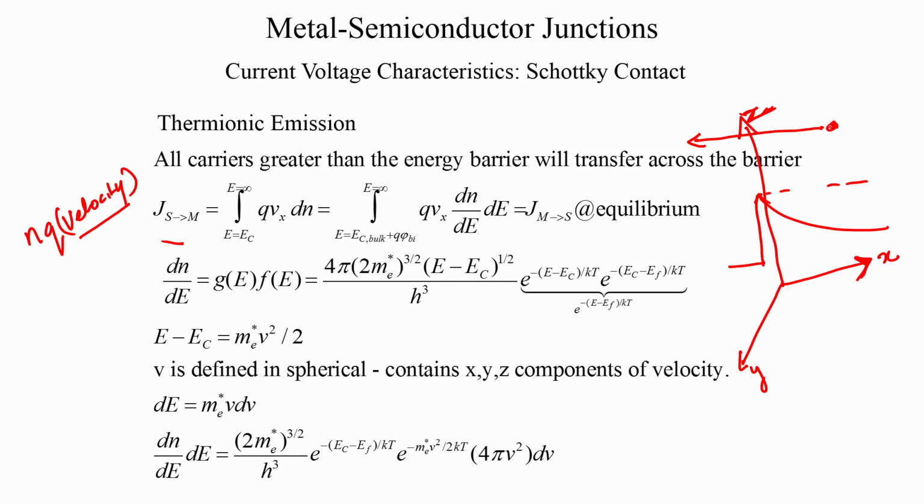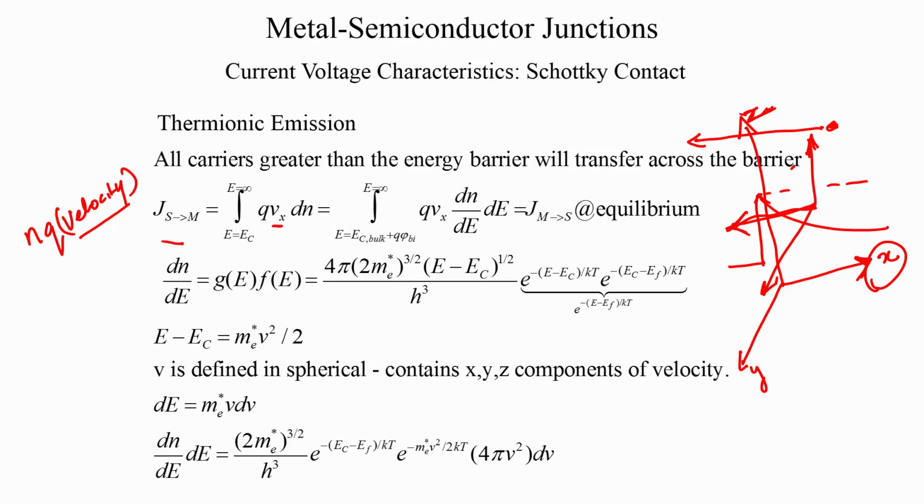We are interested only in the velocity in the x direction. We really do not care if a carrier sitting on the semiconductor side is moving in the y direction or the z direction, because that is not contributing to the current. The electron has to cross the junction in order to contribute to the current, and therefore we are only interested in the velocity in the x direction.